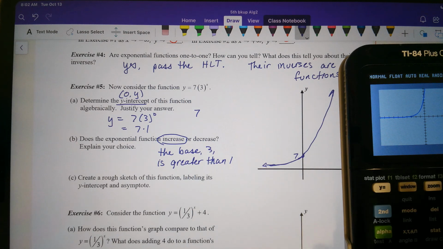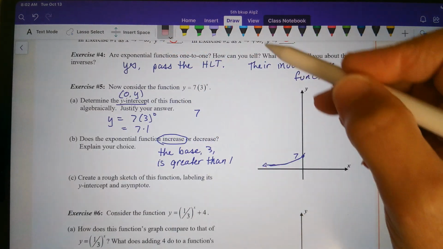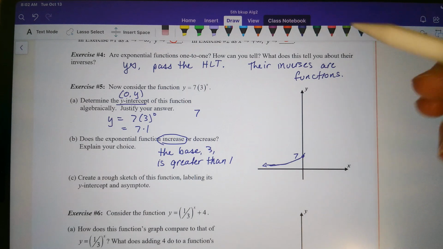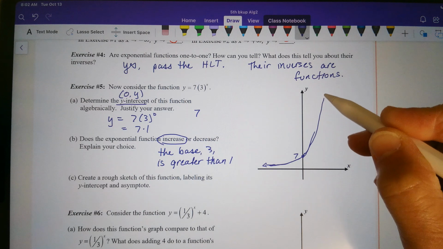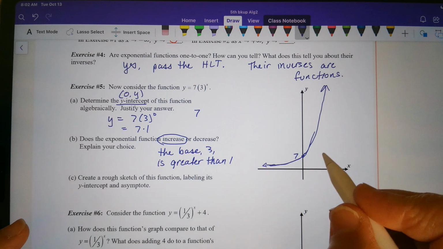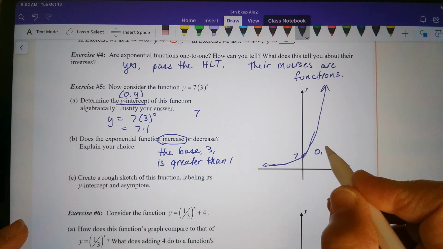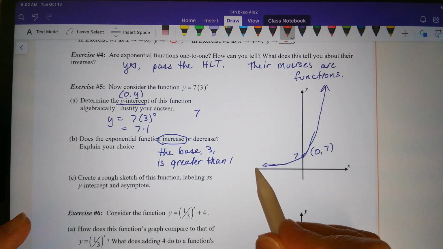I could have made it a little sharper than I did, so I'll make this a little steeper. Labeling its y-intercept, (0, 7) is the y-intercept, and its asymptote is y equals 0.